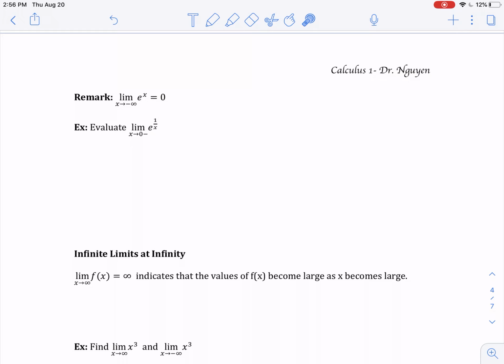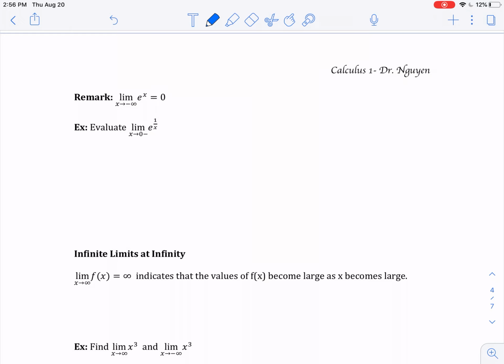Now let's take a look at the example: evaluate the limit of e to the 1 over x power as x approaches 0 from the left. So this is a lot of information, especially e to a rational function.